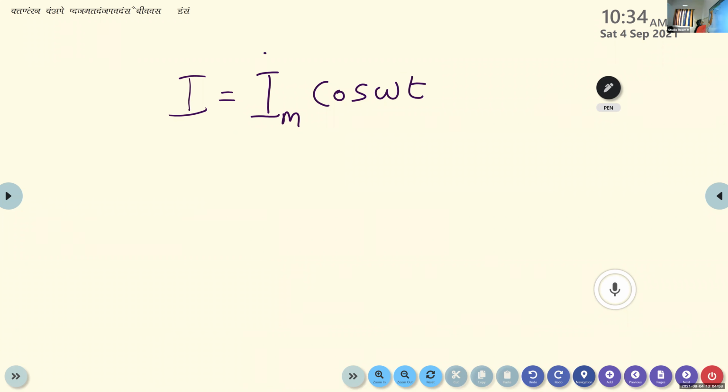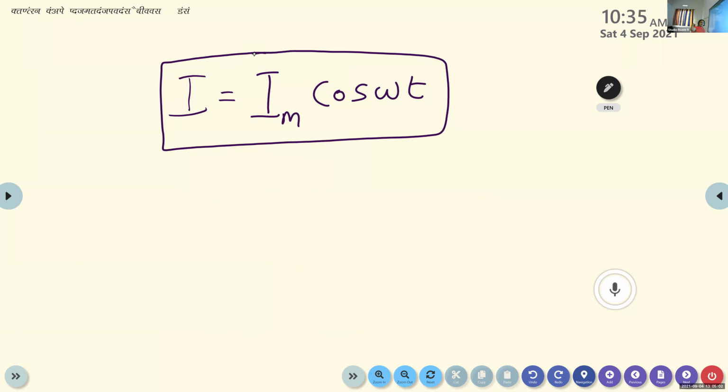So this is the expression for the current generated in an AC voltage through a capacitor. In the case of inductor, it is I is equal to minus Im cos omega t. But here in the case of capacitor, it is I is equal to positive Im cos omega t.